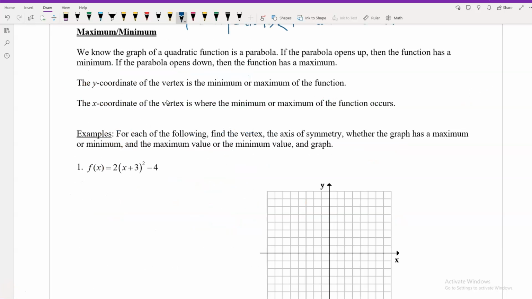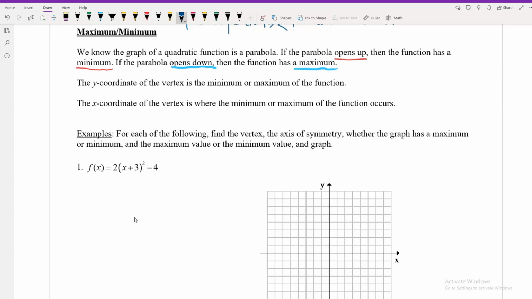Maximum, minimum. We know the graph of a quadratic function is a parabola. If the parabola opens up, then the function has a minimum. If the parabola opens down, then the function has a maximum. So here for example, we have f of x equal to 2 times x plus 3 squared minus 4.